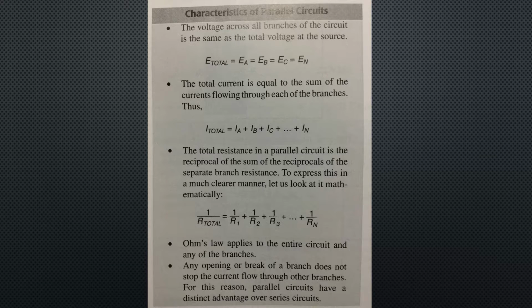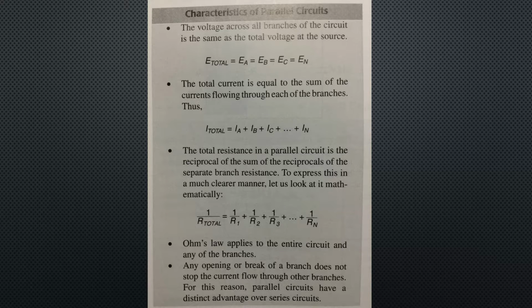Here's a look at characteristics of parallel circuits. The voltage across all branches of the circuit is the same as the total voltage at the source. For example, E total, or EMF total, equals the voltage at A, equals the voltage at B, equals the voltage at C, and so on.